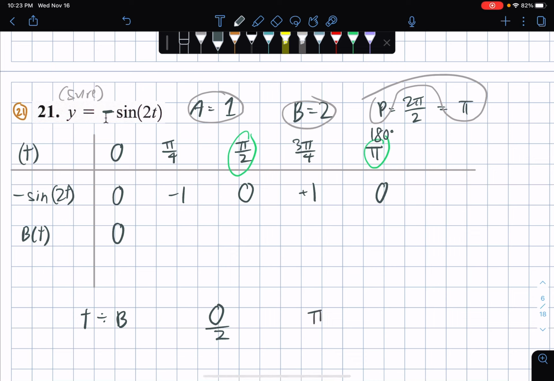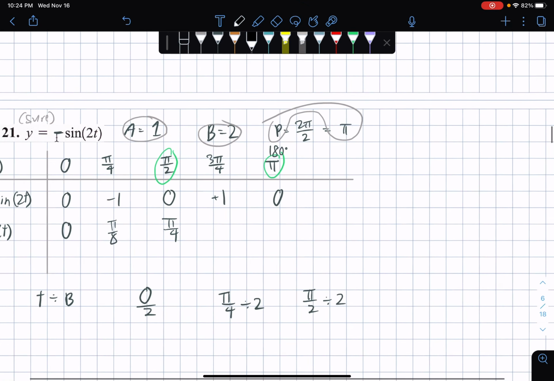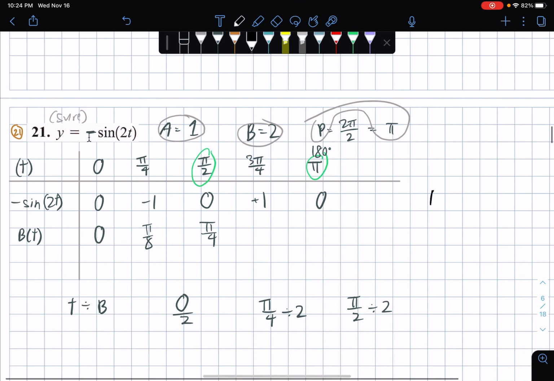So if t is pi over 4, then we divided with 2, it is going to be pi over 8. Now, if t is pi over 2, we divided with b, which is 2. Pi over 2 divided by 2 is pi over 4. So yeah, we can make one definite conclusion. bt is equal to t over b.